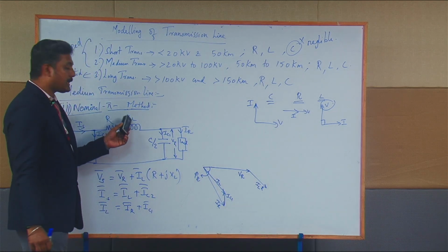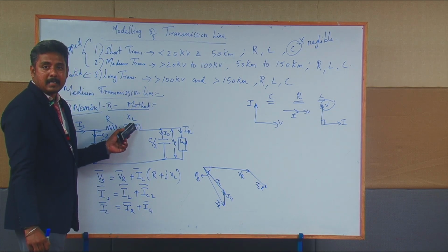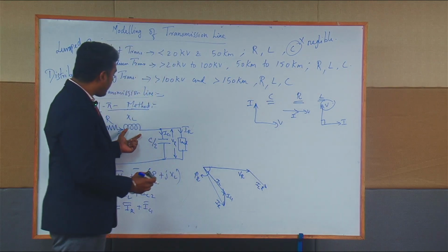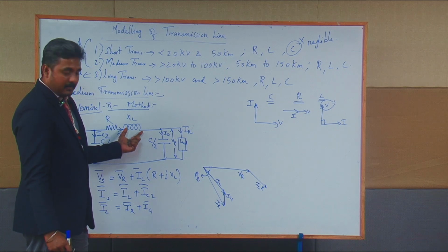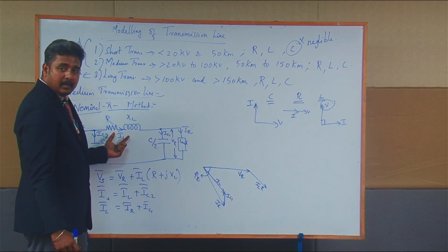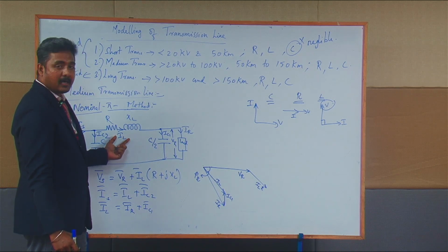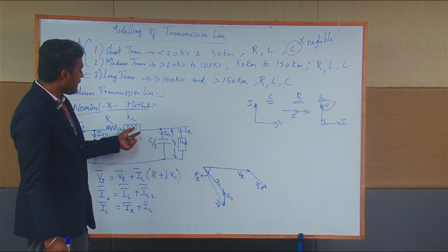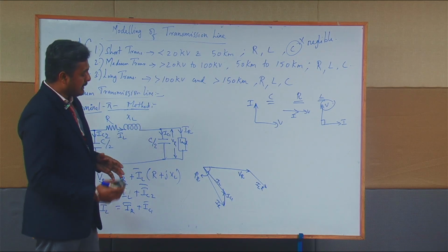And the IL into XL vector, I have to draw the IL into XL vector. IL into XL is the voltage drop across the XL. This voltage drop will be leading the IL by the angle of 90 degrees, or IL lags the IL into XL by the angle of 90 degrees.